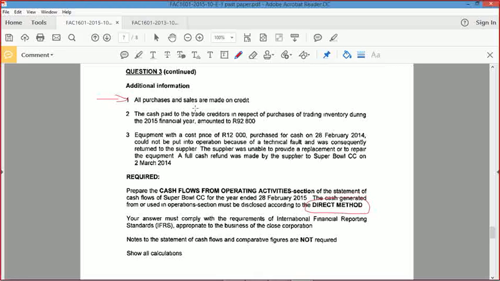Remember, the question we always ask ourselves is, can I find bank from this particular adjustment? Can I? Yes. Where will you see it? Bank you'll see on the credit side of which account? Of debtors.